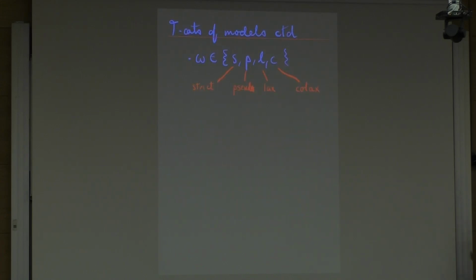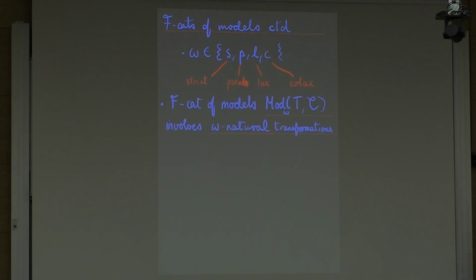Okay, and so you've got different flavours of weakness. There's four in 2-category theory: strict, pseudo, lax and co-lax. And we write them like this, following the notation of Blackwell and Schulman. And so you can likewise have the F-category of models, or say W-maps, which involve W-natural transformations, where that can mean lax, co-lax, pseudo, or strict.